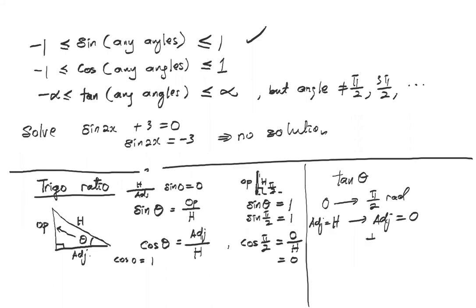Tangent is opposite over adjacent, so tangent pi by 2 is equal to the opposite, which is the same as the hypotenuse, divided by 0. Something divided by 0, is it defined? It's undefined. So that's why the angle cannot be pi by 2 for tangent.